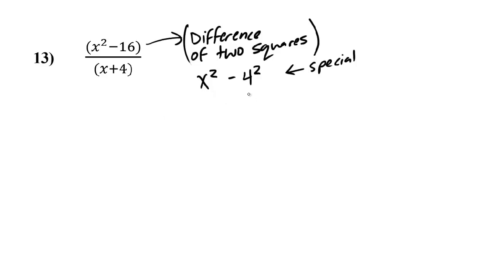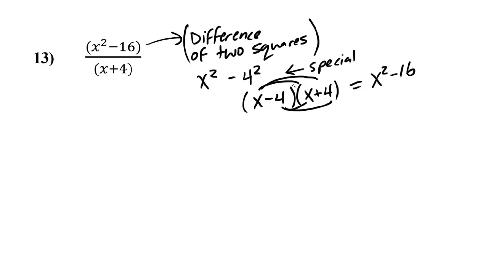All we have to do is make that x minus 4 and then x plus 4, since it was 4 squared here at the end. If you were to FOIL this out, so take firsts, outers, inners, and lasts, double distribute here, you would get back to that original x squared minus 16 because the middle terms cancel out.